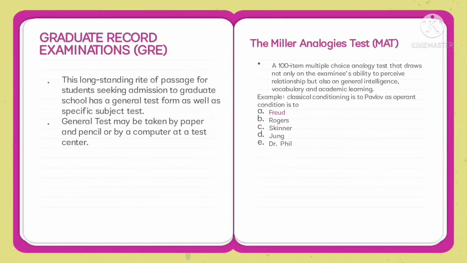The quantitative subtest tests, among other things, knowledge of basic mathematical concepts and the ability to reason quantitatively, and the analytical writing subtest tests, among other things, critical thinking and the ability to articulate and argue ideas effectively in standard written English. The general test may be taken by paper and pencil or by computer at a test center.